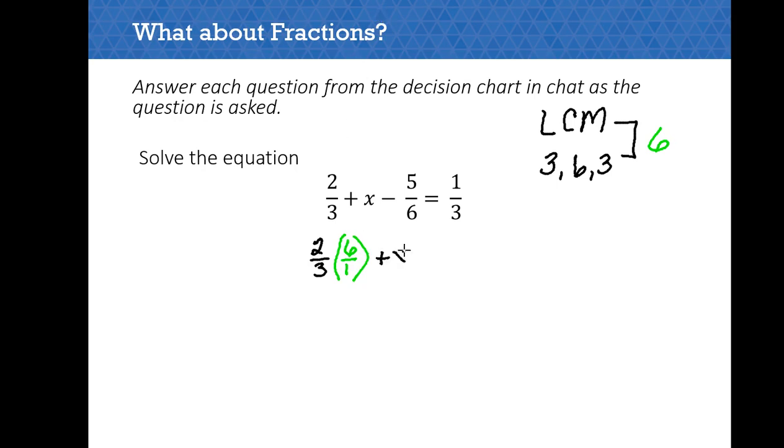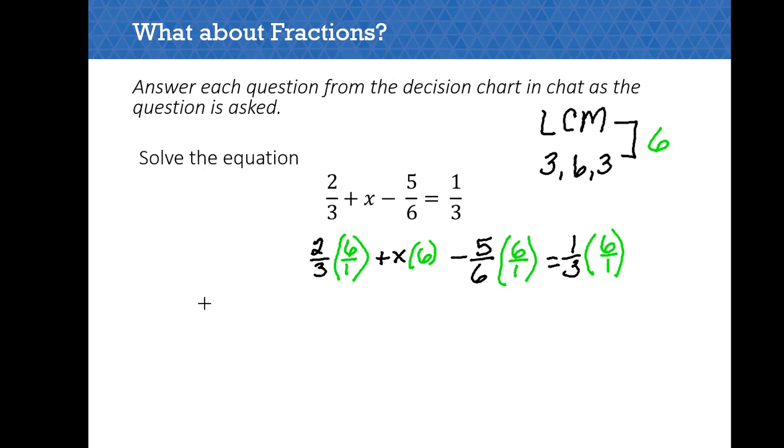Then I have plus x, and I also need to multiply that by 6. That x is not in fraction form, so I can just multiply it by the 6. Then I have minus 5/6, which I need to multiply by 6, and again, it's a fraction, so I multiply it by 6 over 1. And then I have equals 1/3, which needs to be multiplied by 6, and again I'll multiply it by 6 over 1.